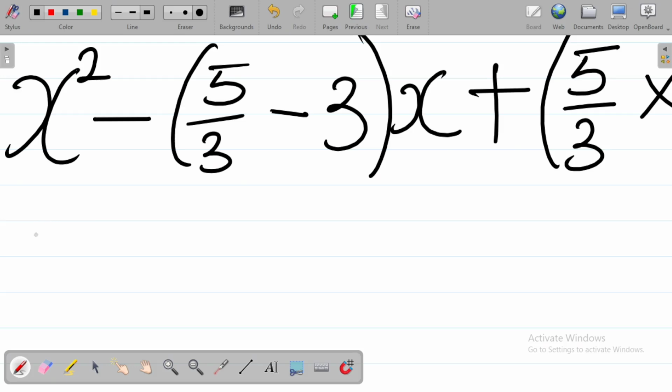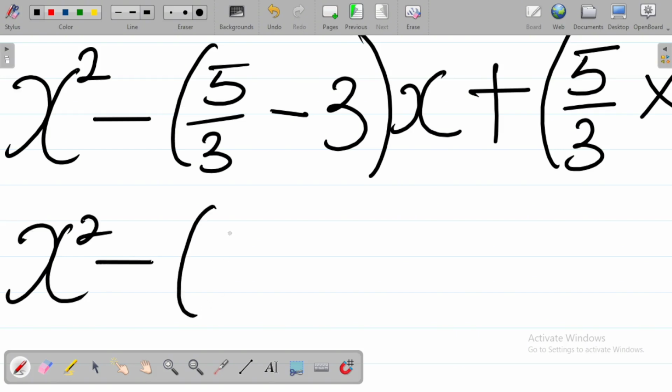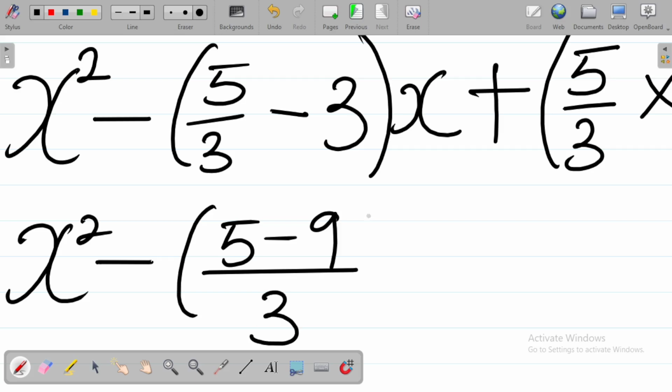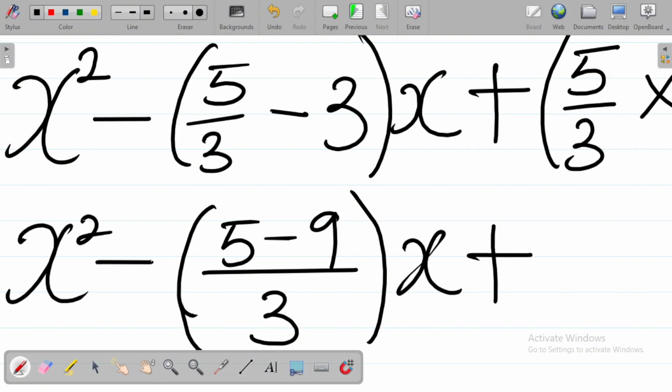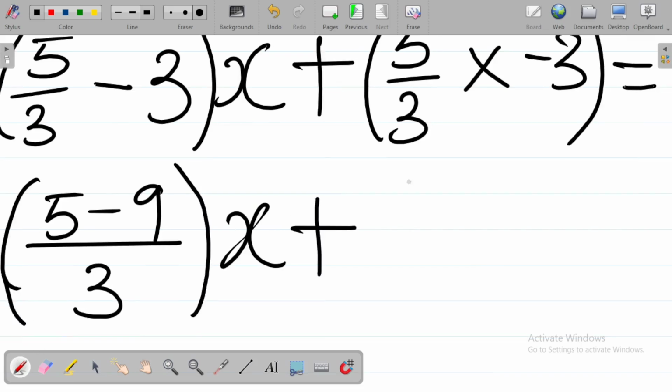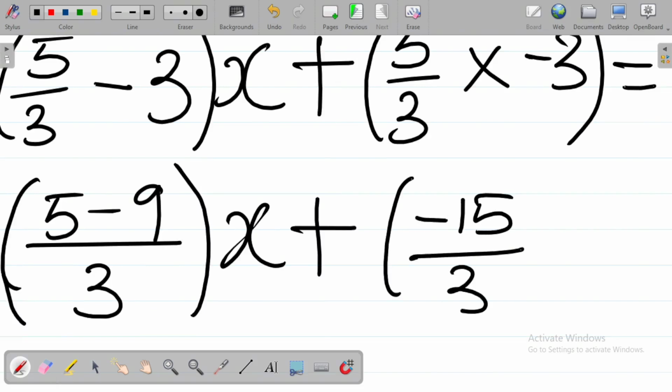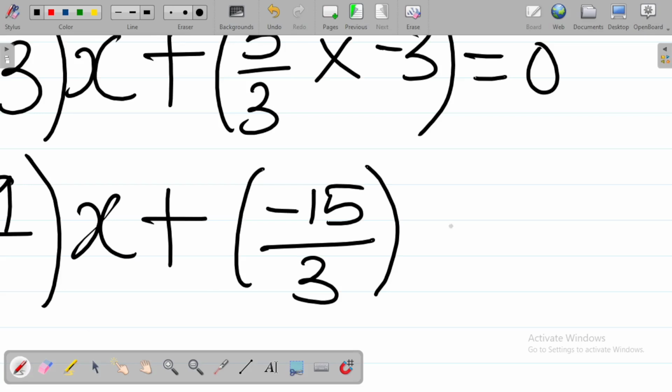So if we solve this out, it will give us x squared minus 5 minus 9 all over 3, attach x, and then plus -15 all over 3, and then it is equal to 0.